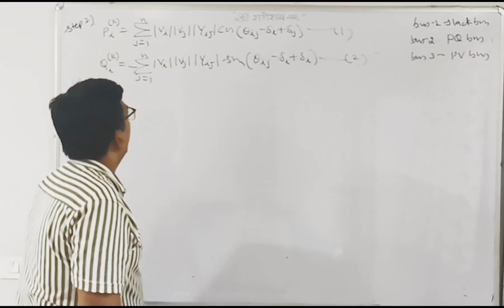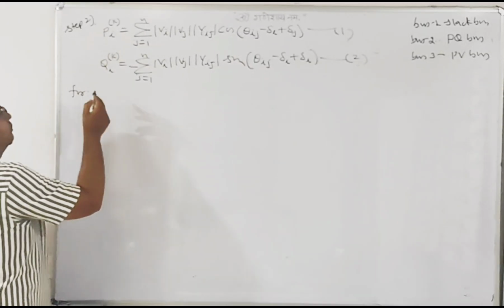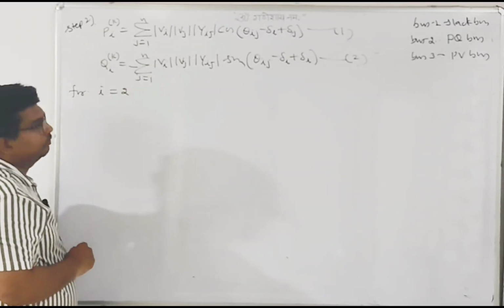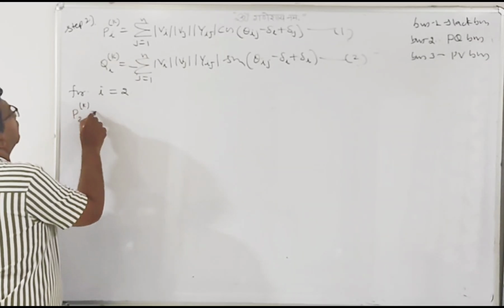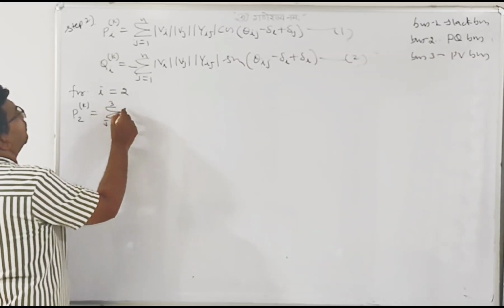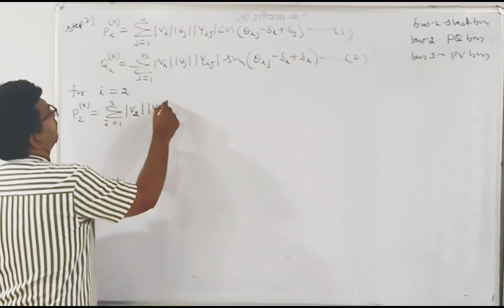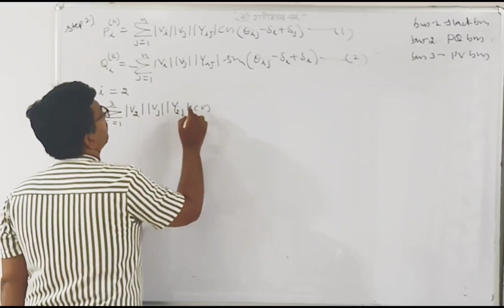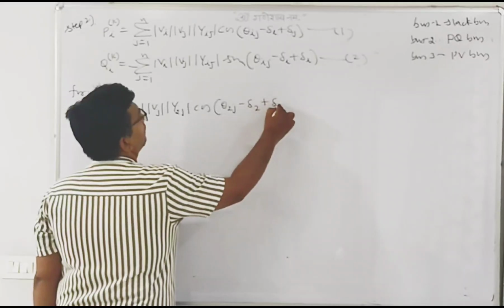Now for i equals 2, what does this equation become? P2k, with j varying from 1 to 3, becomes V2 Vj Y2j cos of theta 2j minus delta 2 plus delta j.